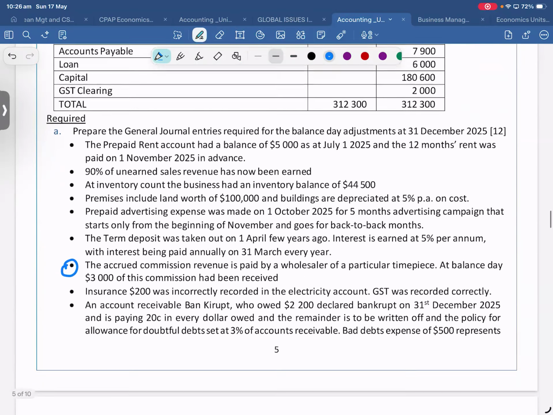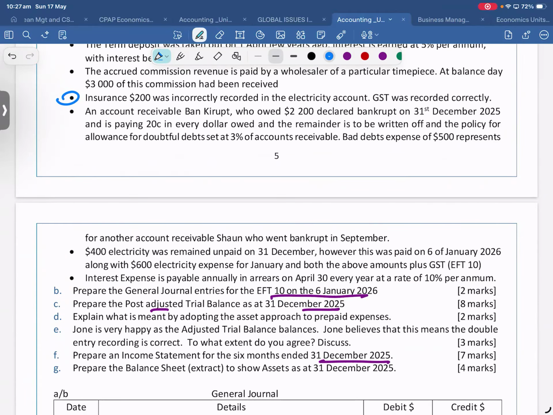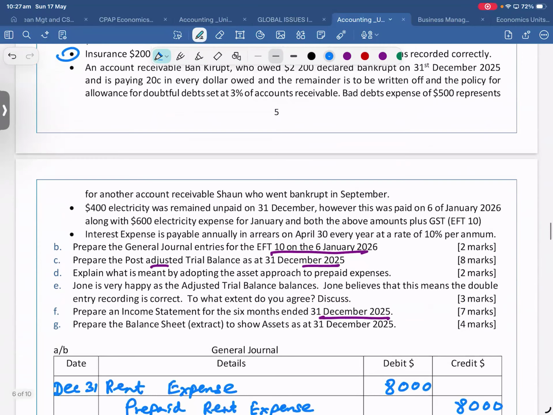GST was recorded correctly. So what happens? You have to do the opposite of what they've done, right? This is a correcting entry, guys. What should we do? Credit electricity, debit insurance. Good.